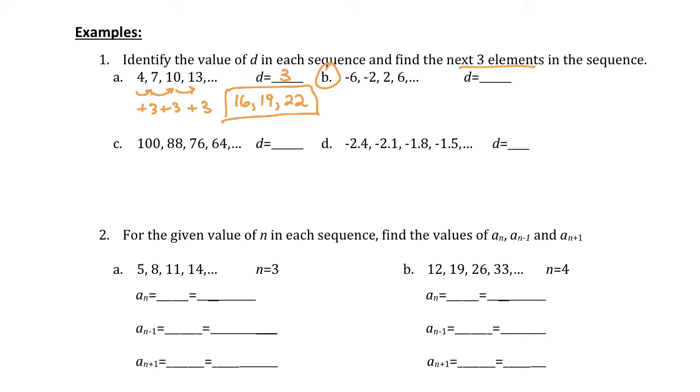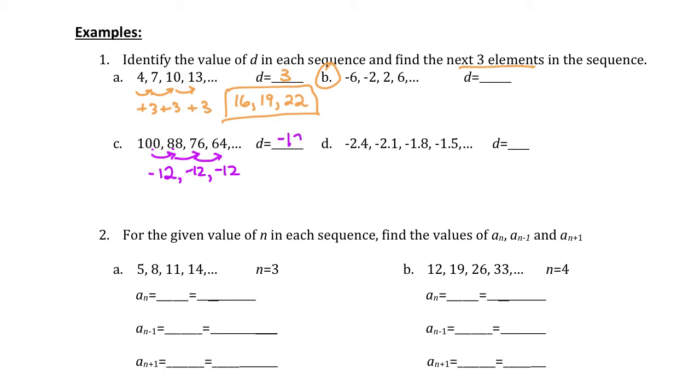Example C, we can see this one's going down, so this indicates that I'm going to need a negative number here, or subtraction. So 100 to 88 would be negative 12. You can see that that is continually subtracting 12 each time to get the 76, and then 76, subtract 12 to get the 64.